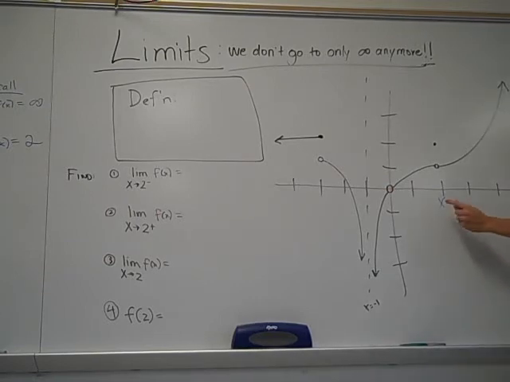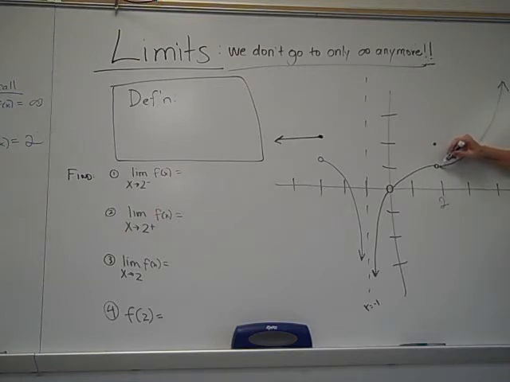Well, what's the limit as x approaches 2? So I go to my graph and I figure out what's happening as my x values get really close to 2. Well, this part of the graph, as I'm coming along here, here it's at 4, here is at 3, here is at 2.5, here's at 2.1, here's at 2.